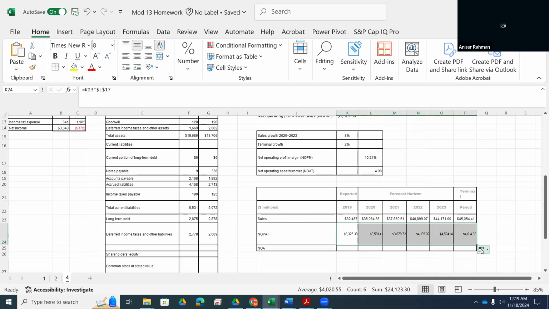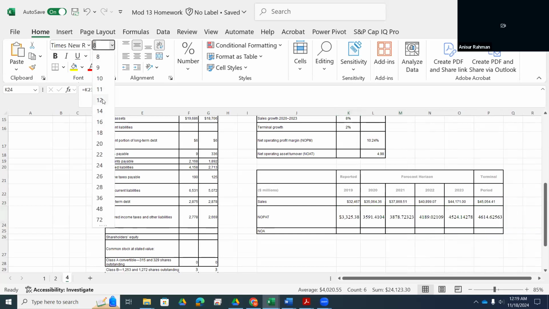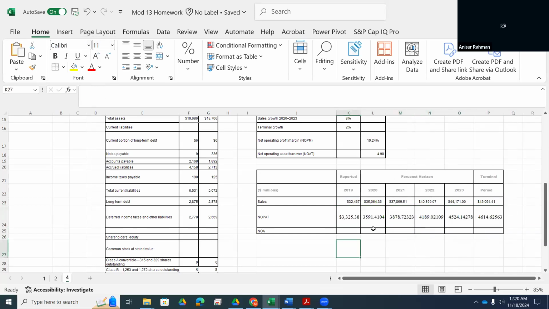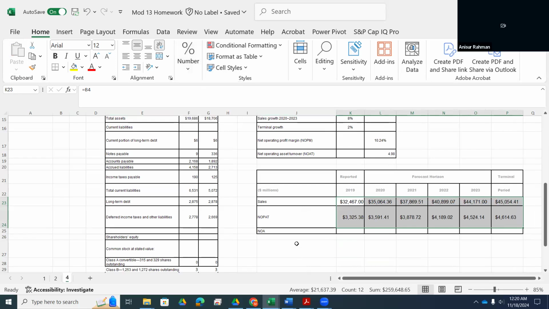And I can also select without formatting. These numbers are not visible very nicely. I can increase the font size and type also if you need to. Okay, all of this should be 2 decimal.